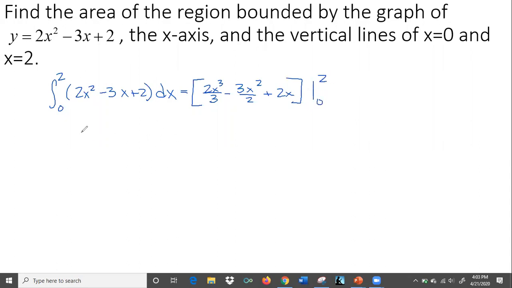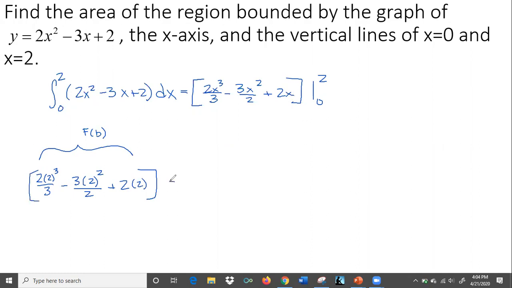Now we're going to find our f of b. We're going to substitute 2 in. So we have 2 times 2 cubed over 3, subtract 3 times 2 squared over 2, and we're going to add 2 times 2. So this is our f of b. We're going to subtract our f of a, so we substitute our values of 0 in.